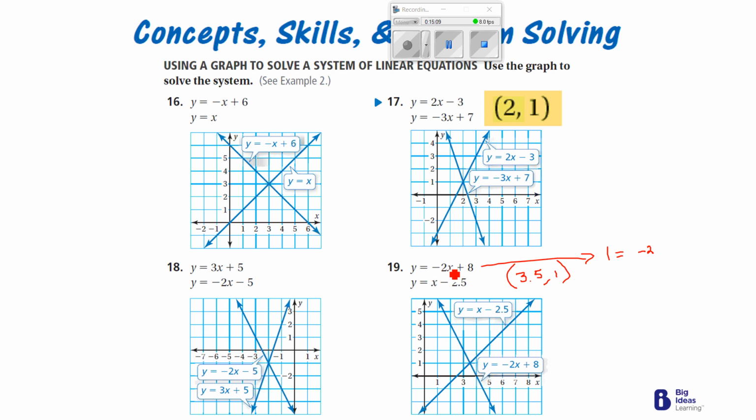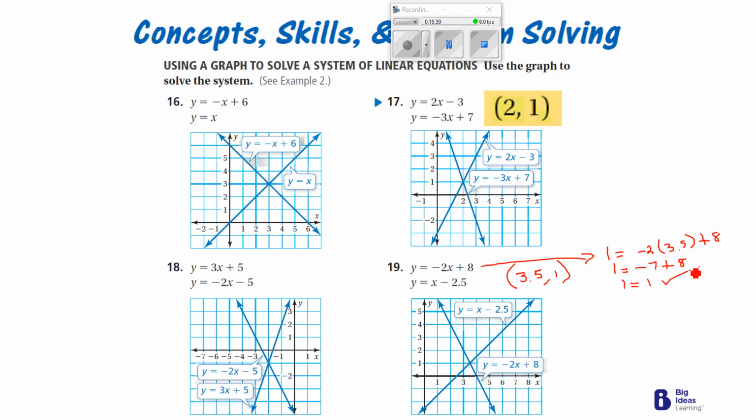Y would be equal, 1 would be equal to negative 2 times 3.5 plus 8. Okay? That means 1 is equal to a negative times a positive is a negative. 2 times 3.5 would be 7 plus 8. And that's going to give us 1 equals 1.